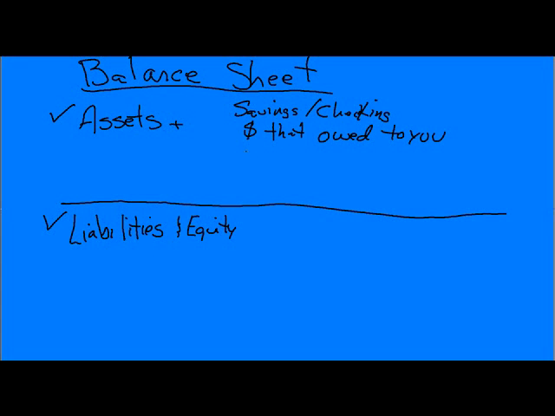Could be a car. Let's say you had a car that was paid for, and that car was worth, say, $7,000. So that dollar amount would be an asset for your car. Jewelry collection, money collection, whatever. All those kinds of things add up.